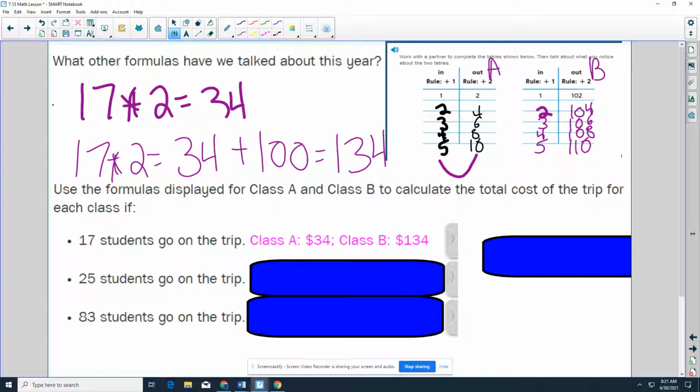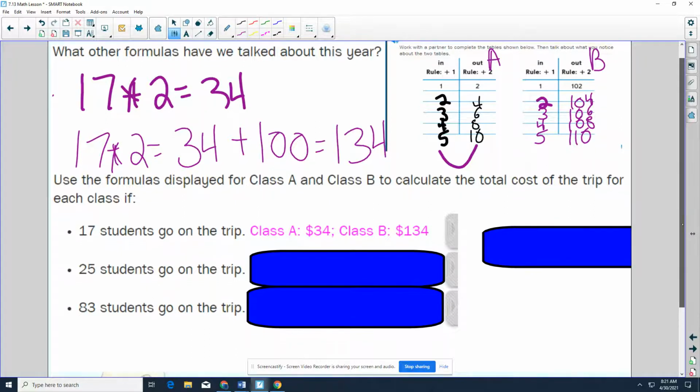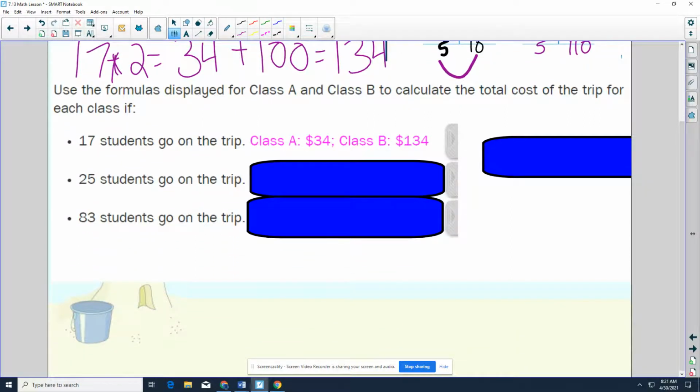Okay, hopefully you've had a chance to try those. So let's check for 25 students. Let's do a little calculation here. I know that 25 students and multiply by 2, I should get 50 students for that trip for A. And then for B, I'm doing the same thing, except for I'm adding 100 to my product.